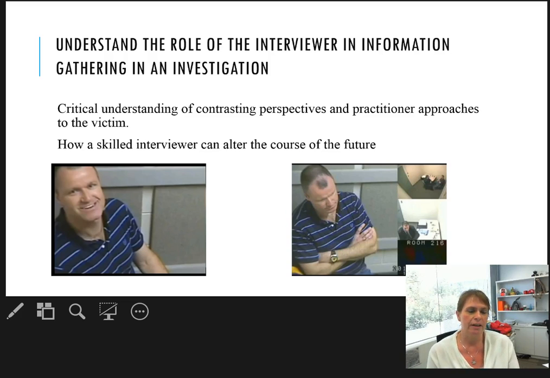In this particular case, you can see that he is quite happy because he believes that the investigator and interviewers don't know all the information about his crime. But you will see on the right-hand side, his demeanour has changed considerably when the investigator, mid-screen in that photograph on the right-hand side, actually tells him that they have physical evidence and produces that for him. A skilled interviewer can change the course of the future for all involved.